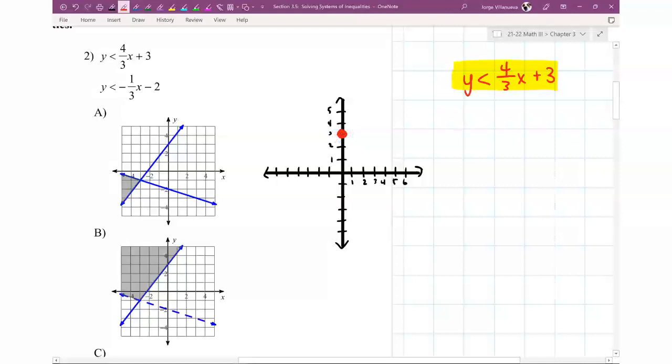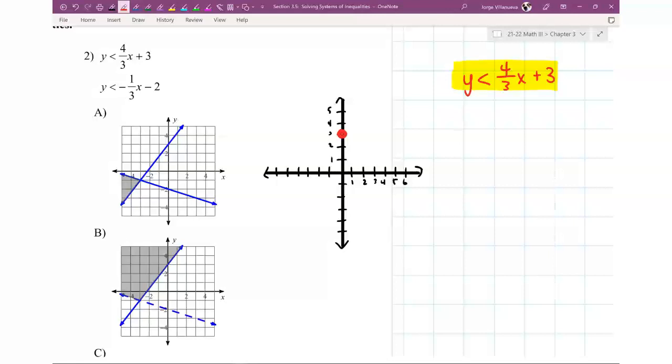Now, my slope is 4/3, right? That means I'm supposed to go up 4 and then 3 over. But according to my picture, will going up 4 actually fit? No, right? I don't have enough. Now, you could either A, draw more, or B, do what I'm about to do.